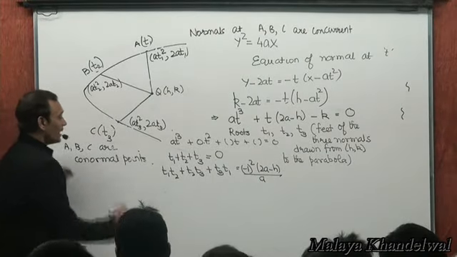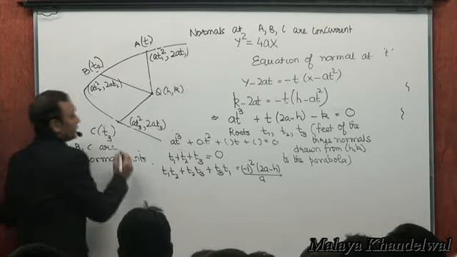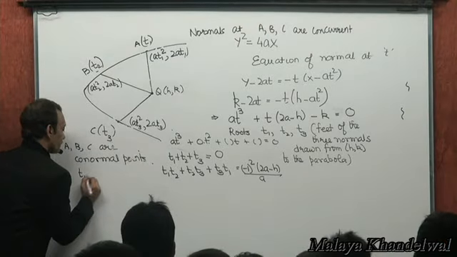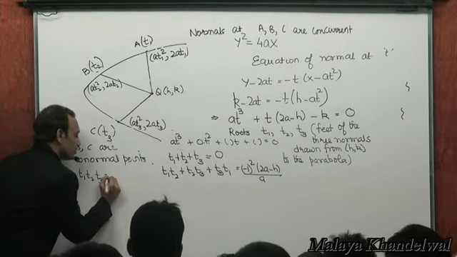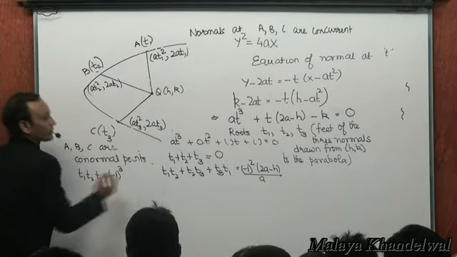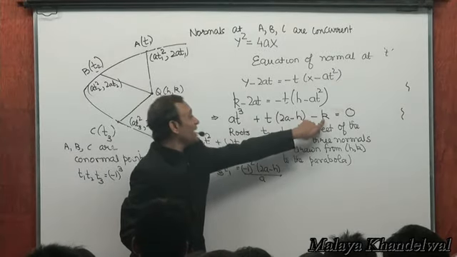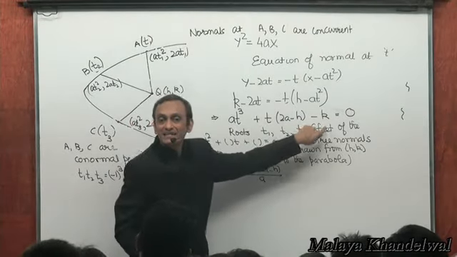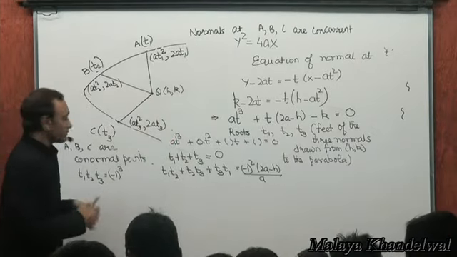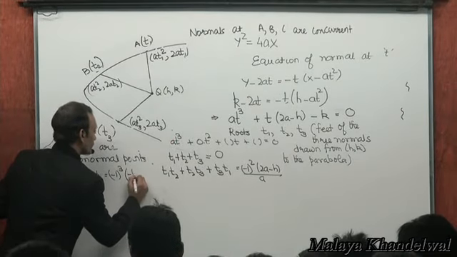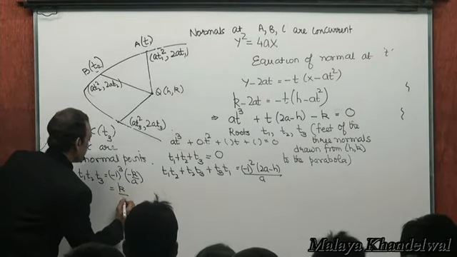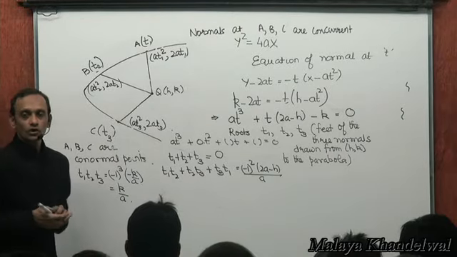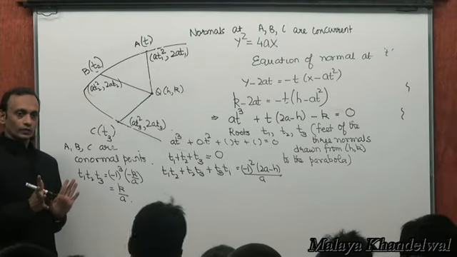And t1 t2 t3, the product of the roots of the polynomial. 3 roots means minus 1 cubed, minus k divided by a, which is like k by a. Yes or no? Right?